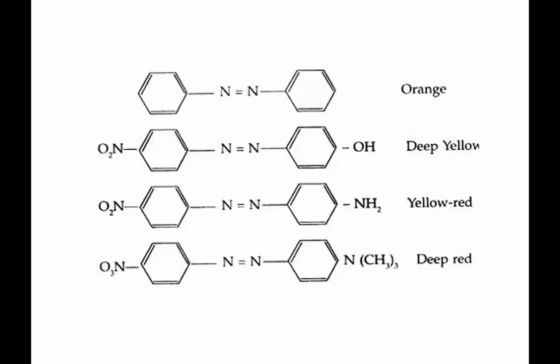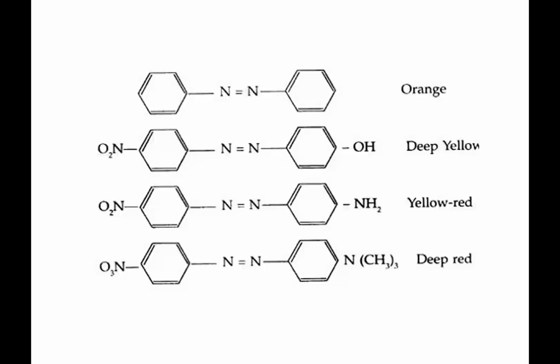And what happens is that the more conjugation you have in an organic molecule, it changes the wavelength at which it absorbs from ultraviolet into the visible region, and then the more conjugation makes it absorb at a higher wavelength.